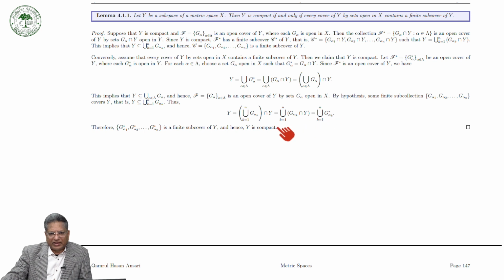It means that G_α1*, G_α2*, ..., G_αn* is a finite subcover of Y, and hence Y is compact.